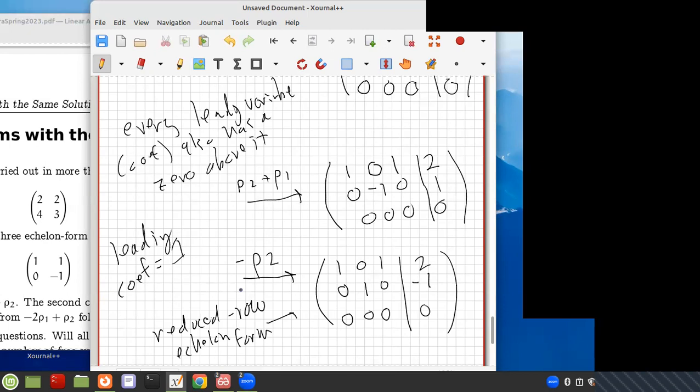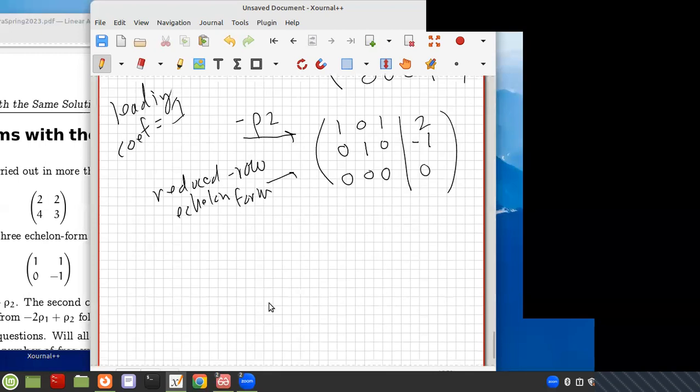Now, what does that mean? If you think about the equations that result from this, if I wrote these down as equations, no leading variable is going to appear in any other equation. What this does, using row operations, is essentially back substitution. Essentially it does the same thing, but it gets rid of those things.